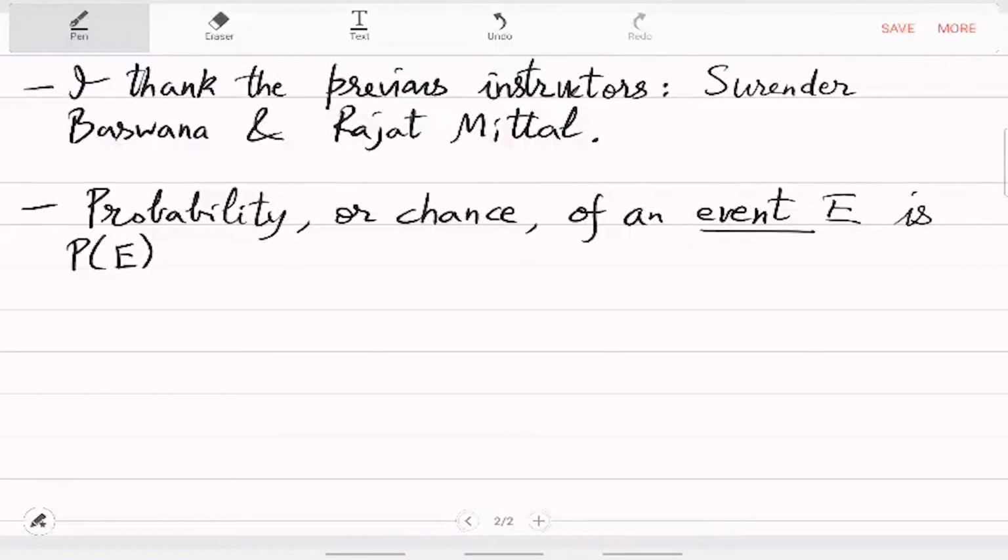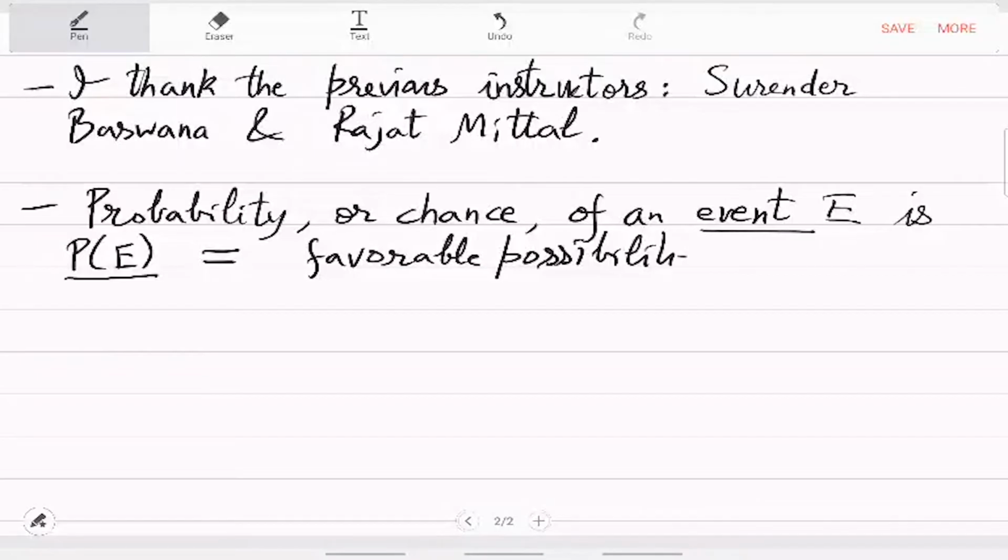So probability of an event E, which is P of E, is essentially the number of favorable possibilities divided by all possibilities, right? So it is the ratio of favorable over all.